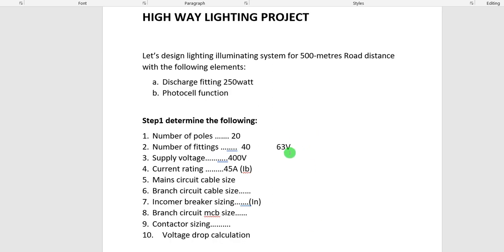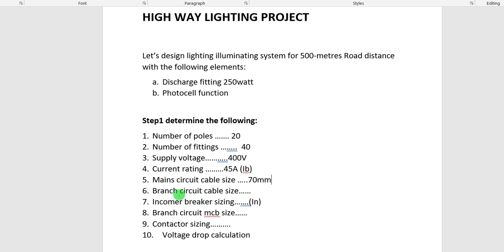Our requirement says 20 volts is our maximum voltage drop. But I have 16.2. So 70 mm square is sufficient to cover 500 meters. So come back to our cable size. Main cable size is going to be 70 mm square. So put 70 there. We are using 70 mm square for our armored cable, for our cable routing.